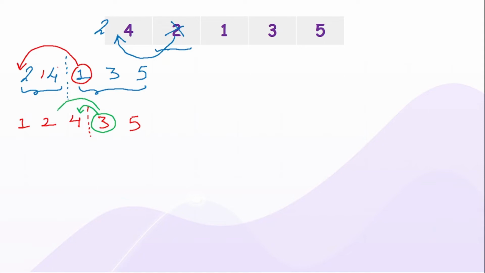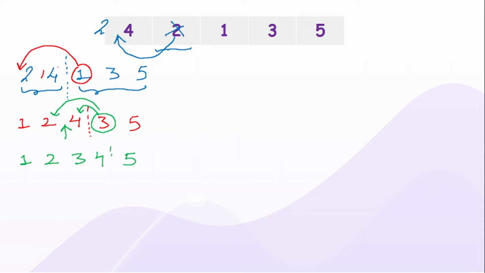On comparing 3 with 2, I'll find out that 3 is not smaller than 2. Therefore, what I'll do is I'll insert 3 between 2 and 4. So after inserting, my list will now become 1, 2, 3, 4 and 5.